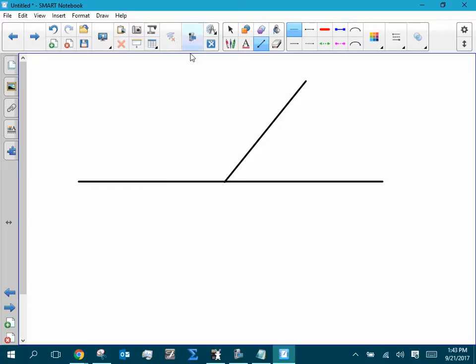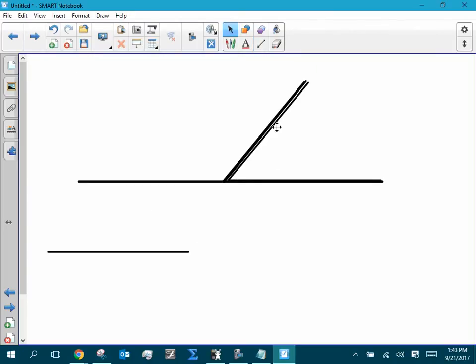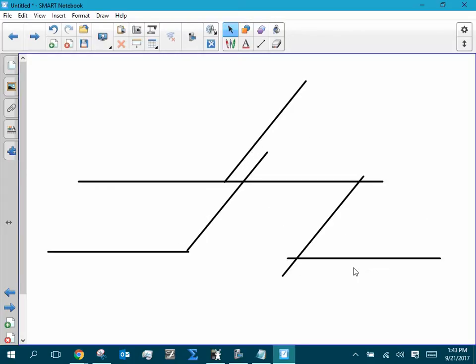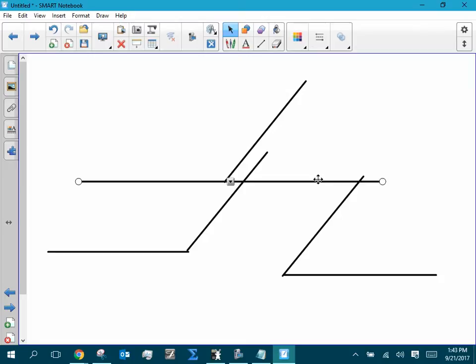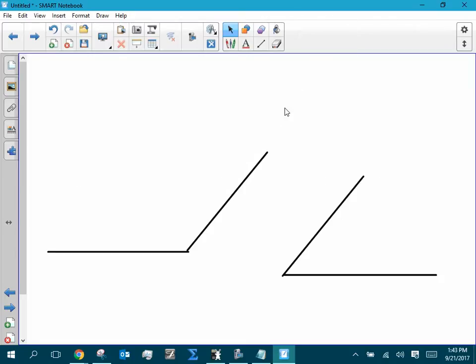But two angles could be, let me replicate this real quick. I just cut and pasted to make those angles mirror the ones that were adjacent and supplementary. So these are still supplementary. Does that kind of make sense? But they're no longer adjacent.